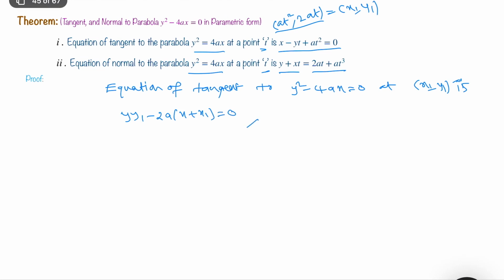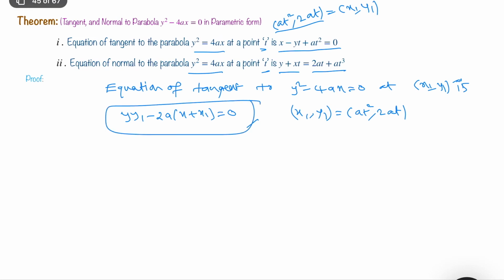But here our x1 y1 is what? at square comma 2at. Let us substitute x1 equal to at square, y1 equal to 2at here. What do you get? y times 2at minus 2a times x plus at square equal to 0.